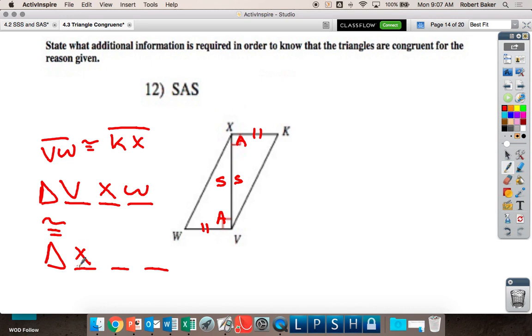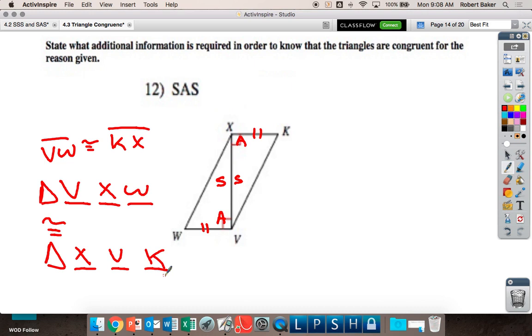X, V, K. You see how V is a 90-degree angle and X is a 90-degree angle, right? So I went across that shared side, VX for this triangle, and then across the shared side is XV. You see how XV and VX are the same line segment? So they're the first two that are listed. Then I went from K to V, the hypotenuse, and X to W, the hypotenuse. Those are the last ones.